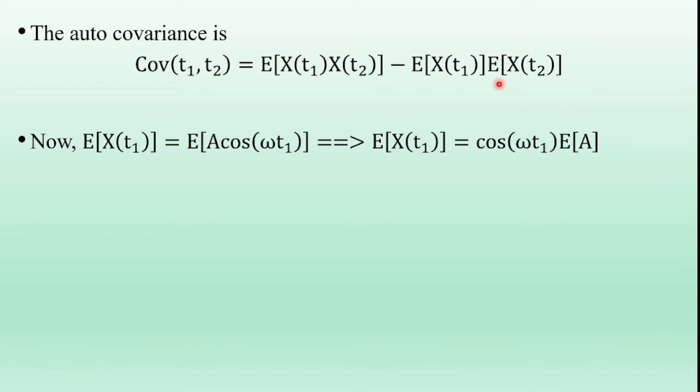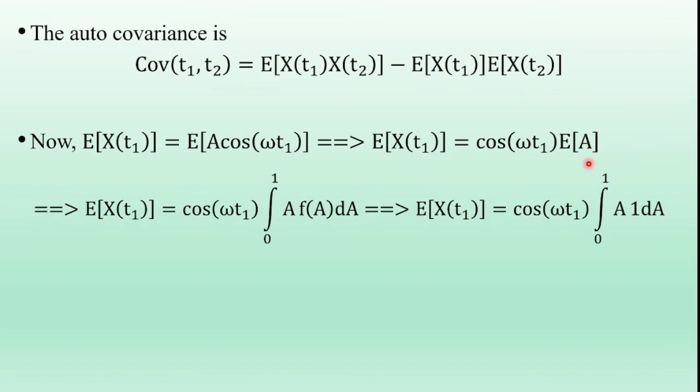Now determine expectation of x of t1. Given that x of t is a cos of omega t, x of t1 is a cos of omega t1. Here a is the random variable and omega is the constant, so cos of omega t1 is written before the expectation into expectation of a. The expectation of a is the integral 0 to 1 of a into f of a dA. From the given data, the uniform density function of a is 1.